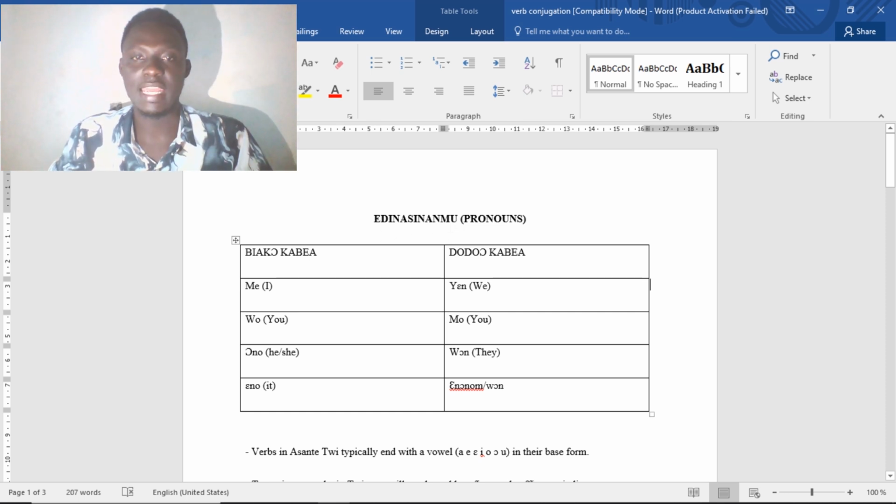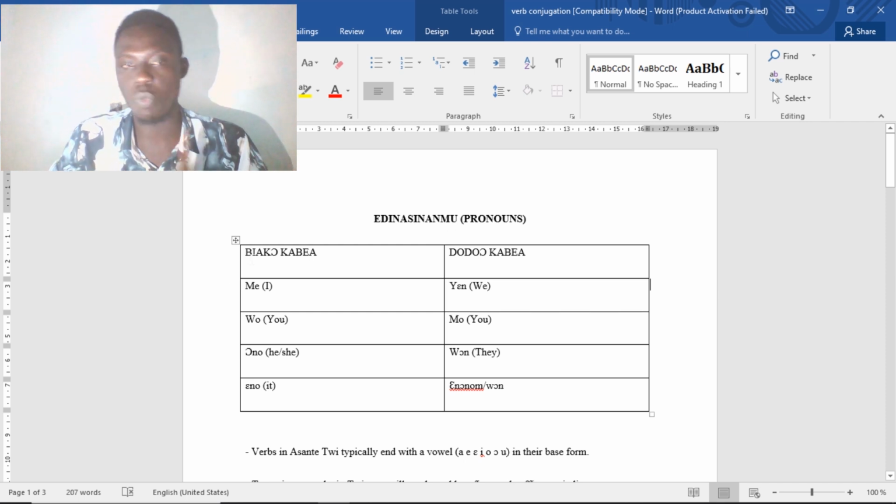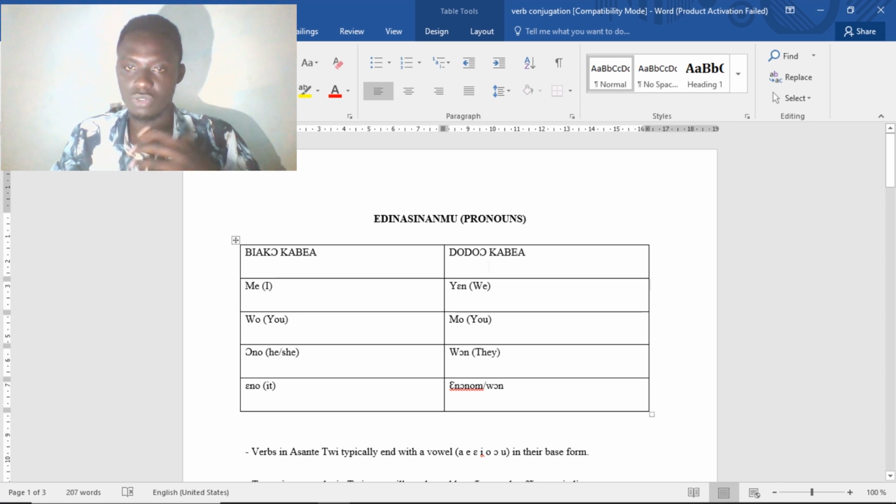Then biako kabea: biako means one, but in this context it means singular. Dodo means plural, multiple, many.